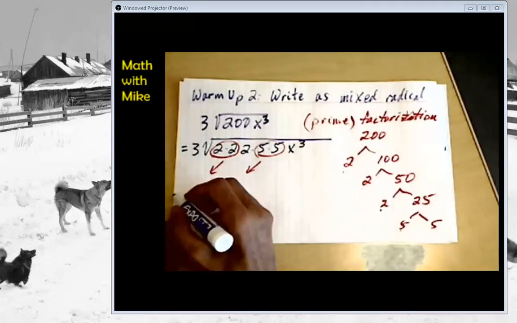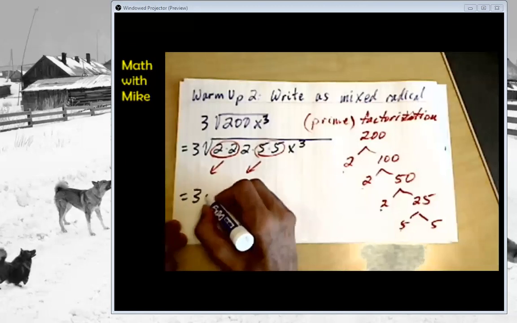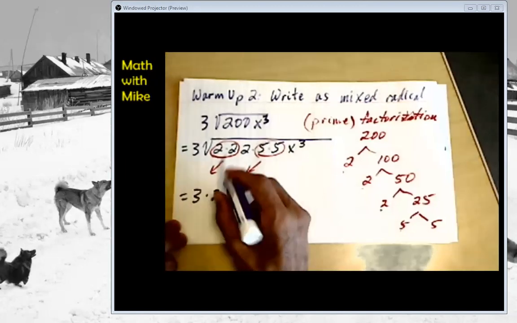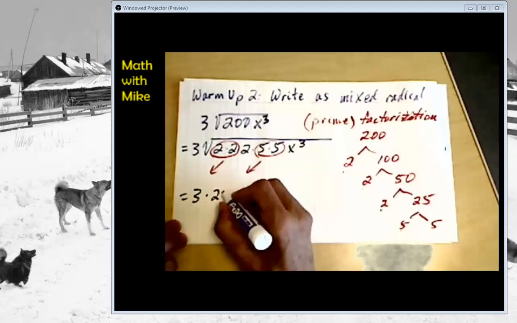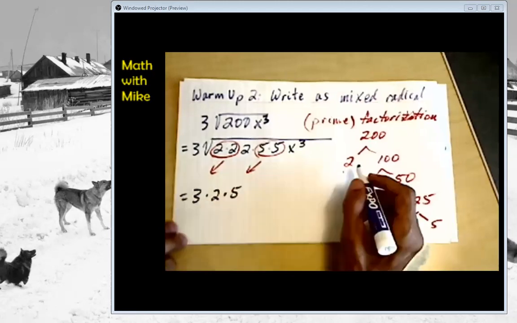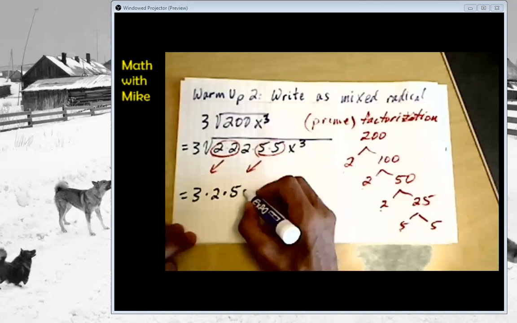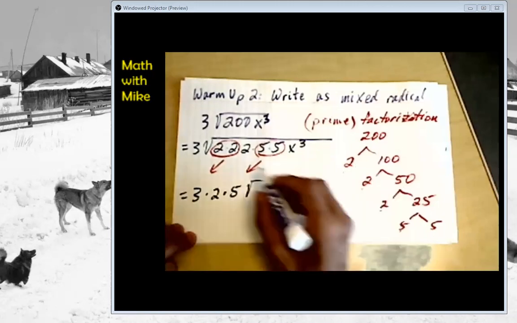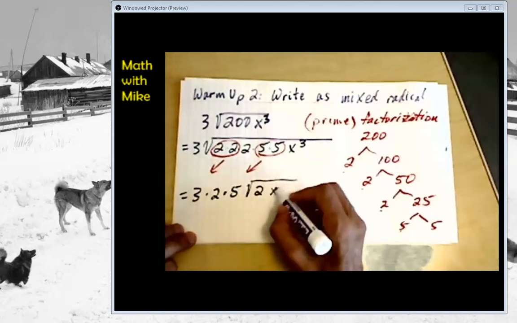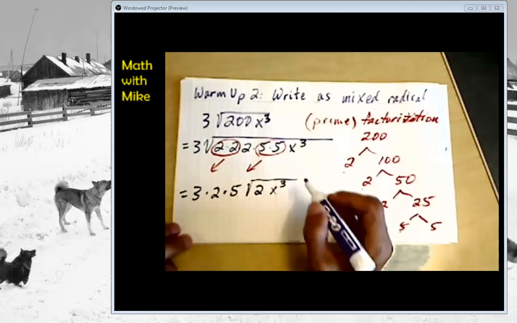Those two 2s turn into the one 2, and those two 5s turn into the one 5, and the remaining 2 stays under the square root. And we still got the x cubed to think about, but good so far.